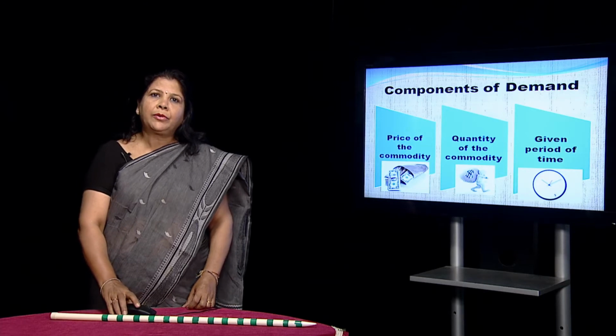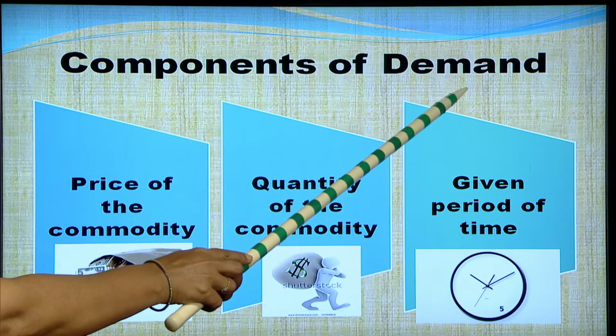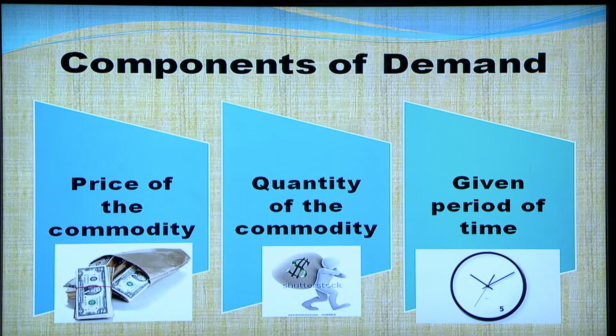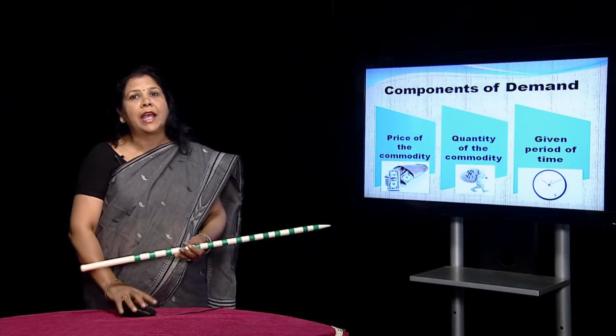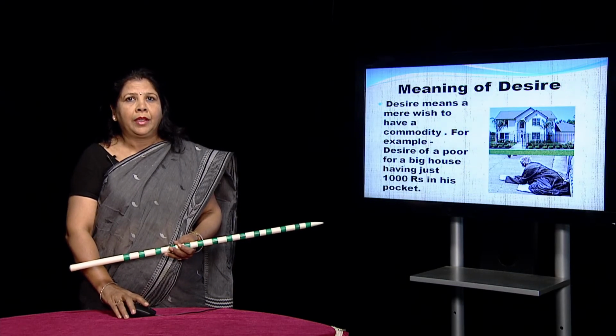It's important now to understand the components of demand. The components of demand are price of the commodity, the quantity of the commodity, and the given period of time for which the quantity is demanded.